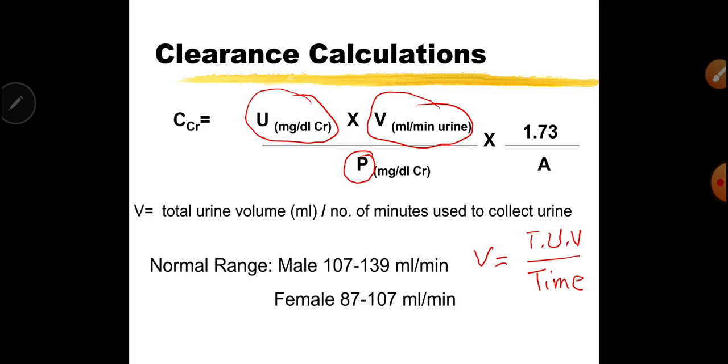Because creatinine production in the blood depends on muscle mass size, we can use a correction factor for the body surface area. Body surface area is divided into 1.73, the standard area of the body. We have some nomograms that can be used for the calculation of the body area.